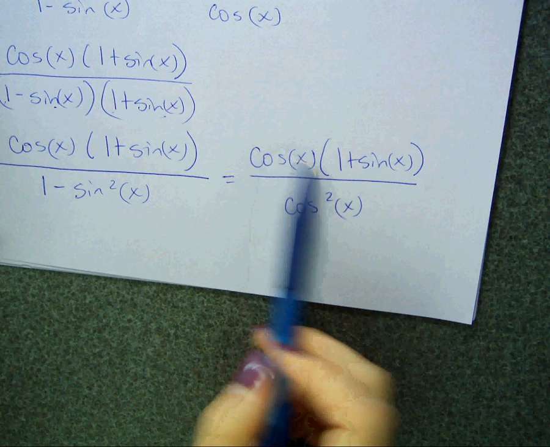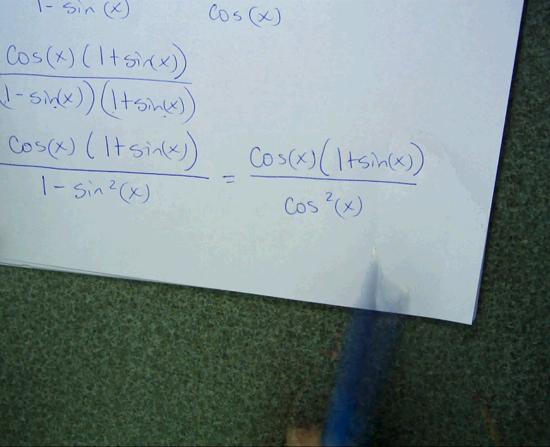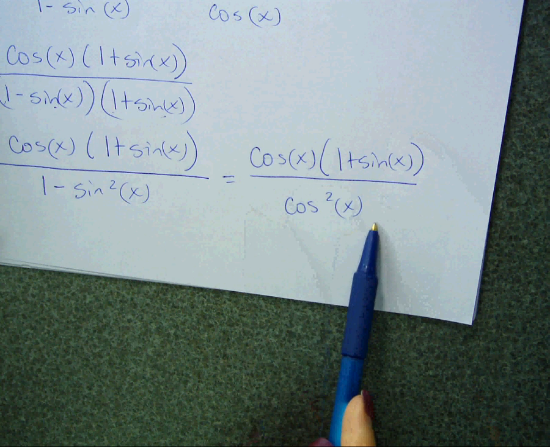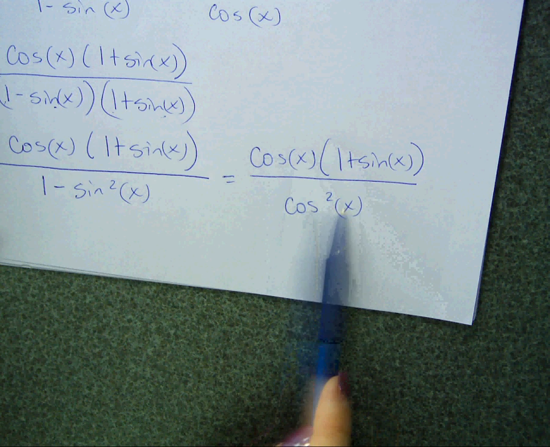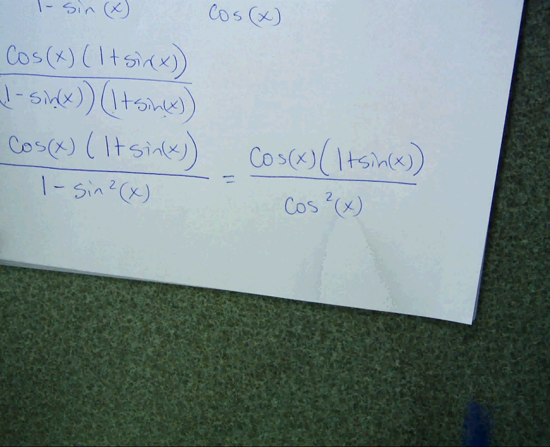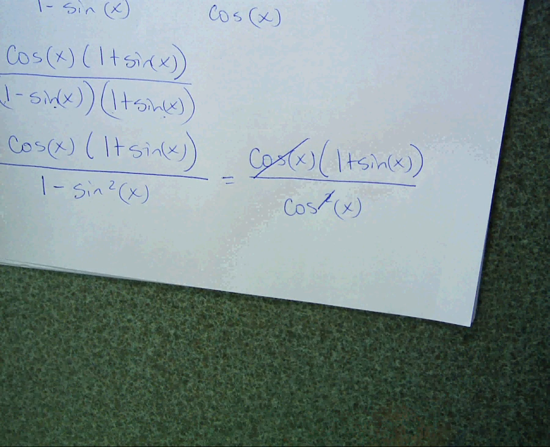Now on the top, I have two things being multiplied together, so I have one complete term, and on the bottom, I have one complete term as well. Here I have one cosine, here I have two cosines, so one of them will cancel out. So this cosine cancels out one of these cosines.